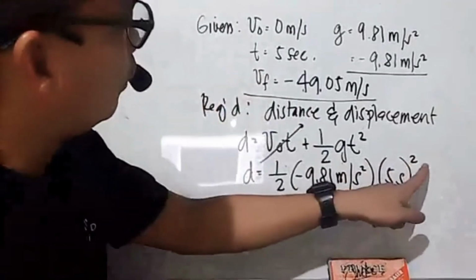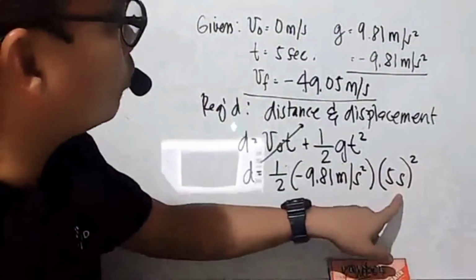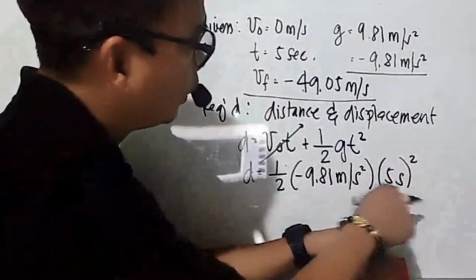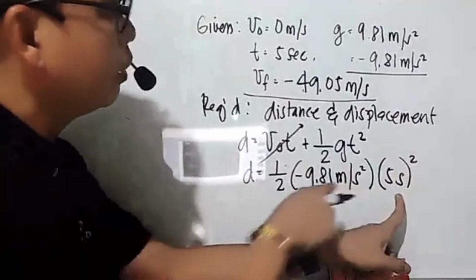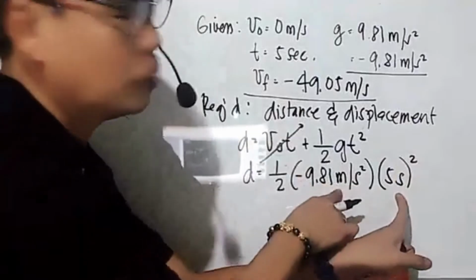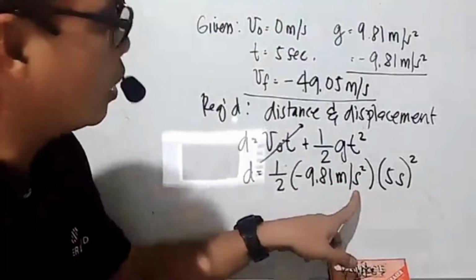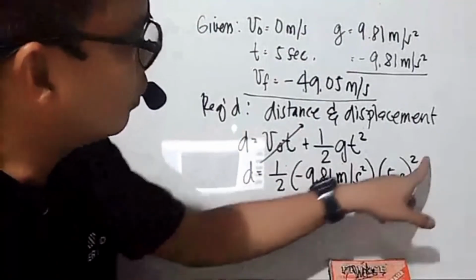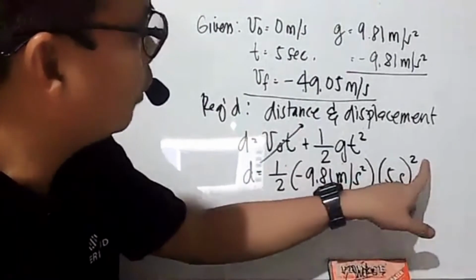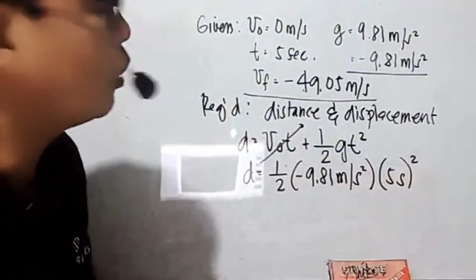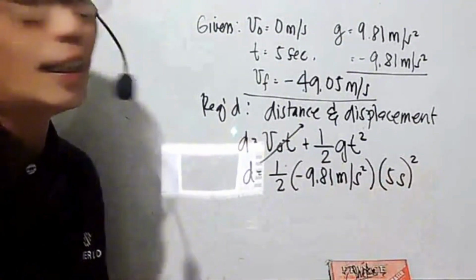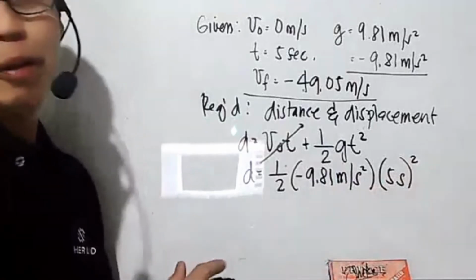Now, if you square 5 seconds, seconds become second squared. So second squared and second squared will cancel. You will have a unit of meter. So meter will remain. So tama-tama distance siya. Kasi yung second squared mo here, and then this one, seconds become squared. So magka-cancel sila. Therefore, your unit will be in meters ang unit mo.